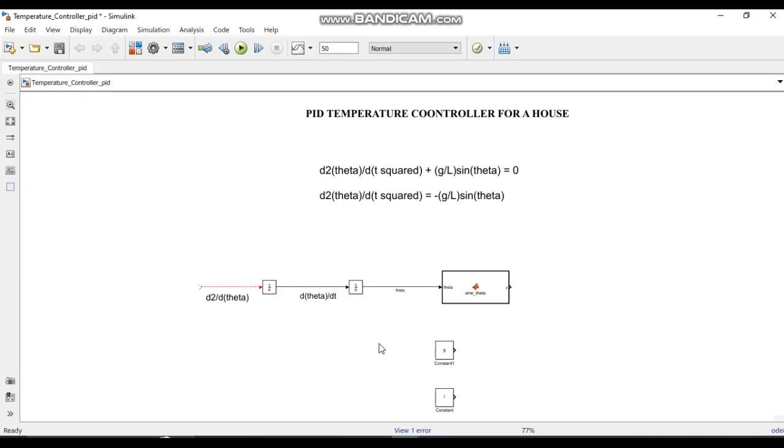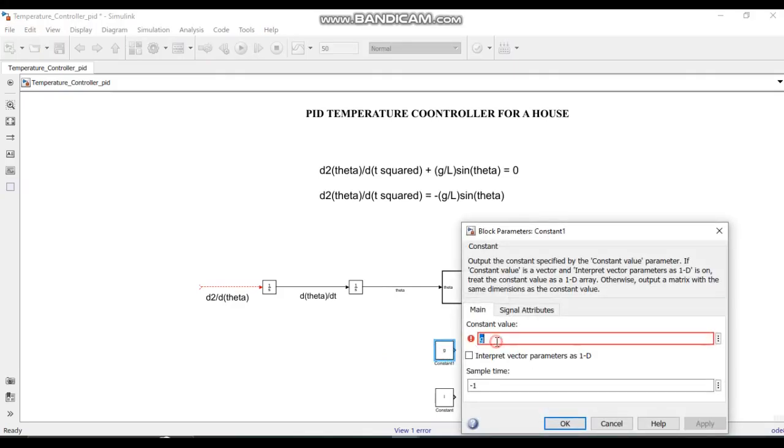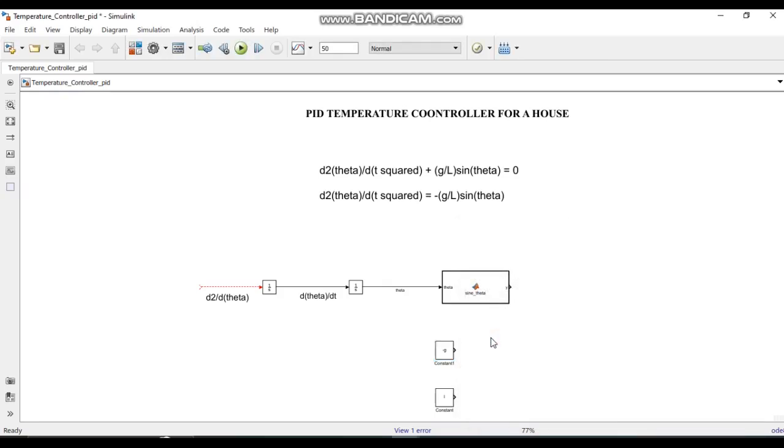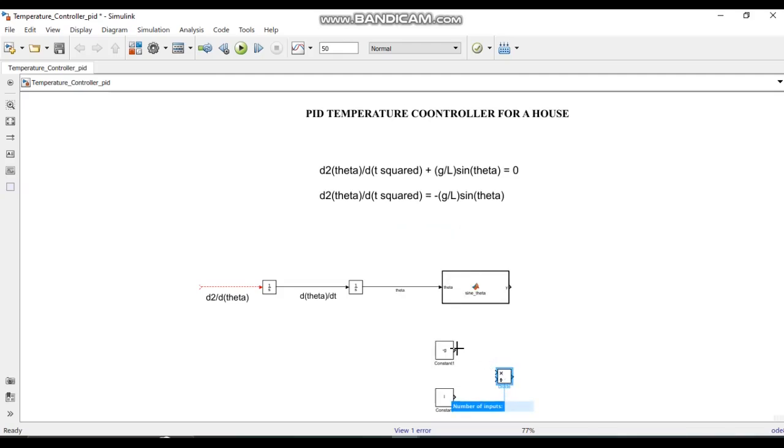So it's g over L, right? The minus sign. Either we can say minus g over L. Let's use a divide block. So minus g divided by L times sine theta.